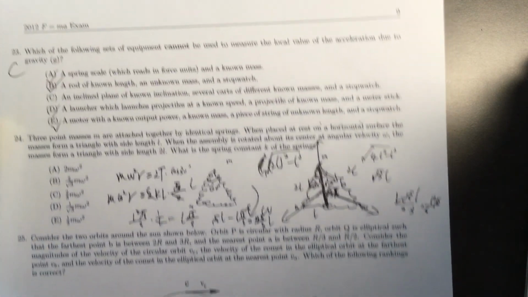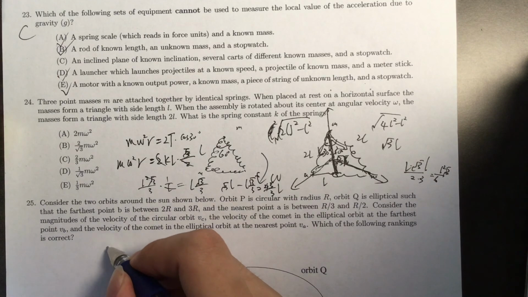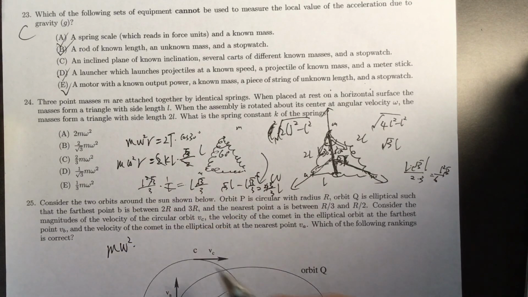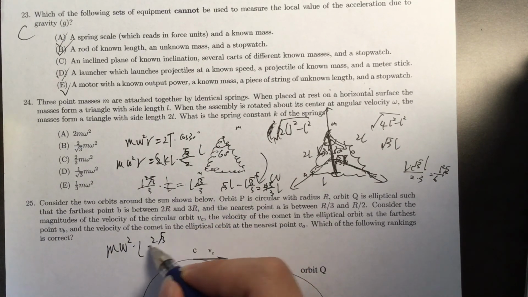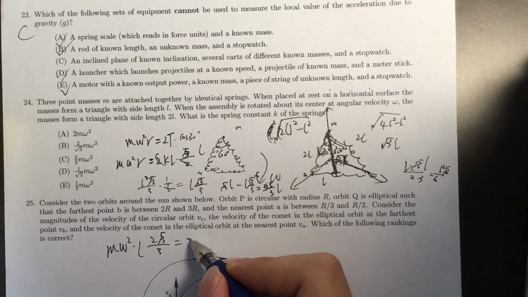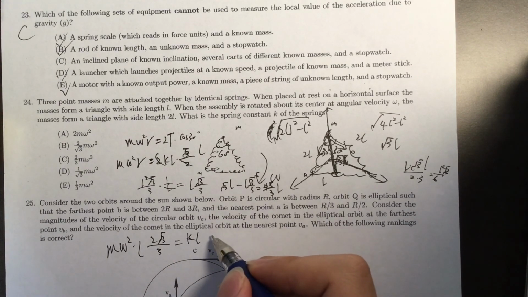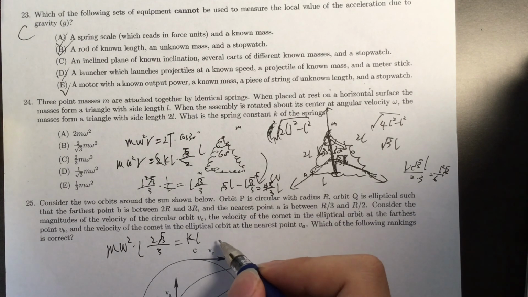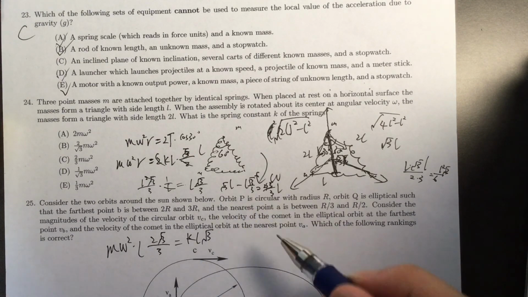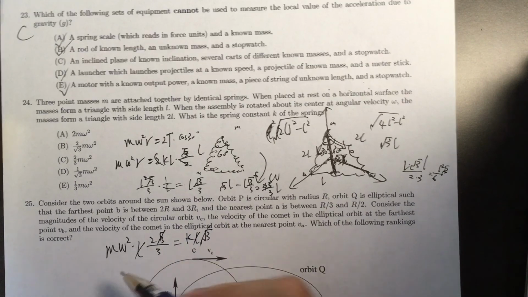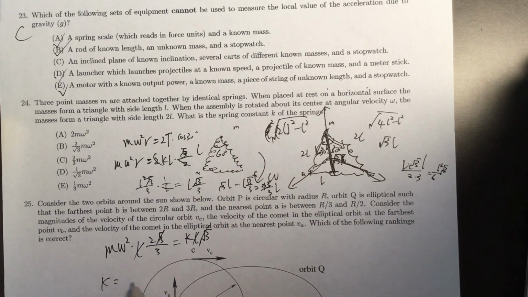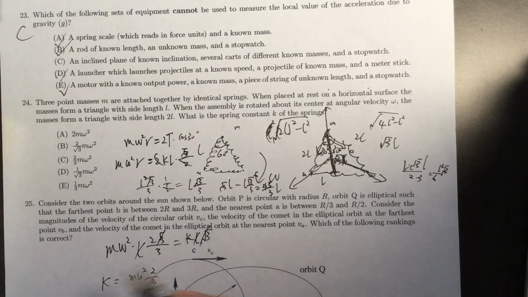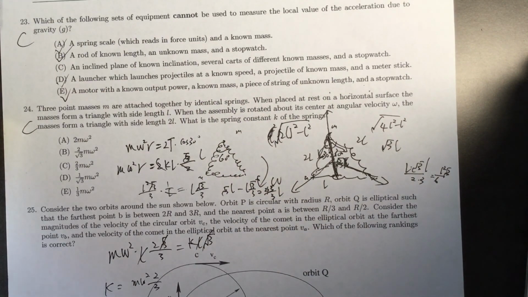Okay, let's write it here. So m times omega squared times L times 2 times square root of 3 over 3 is equal to KL times the square root of 3. Square root of 3 cancels out, L cancels out. So K is equal to m omega squared times 2 over 3. So the solution is C.